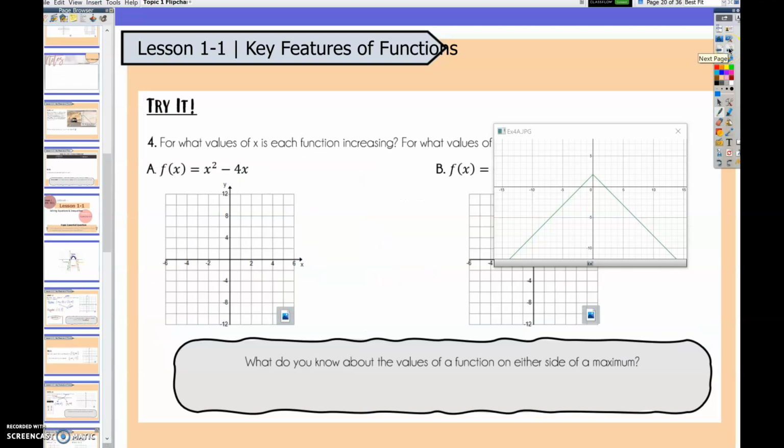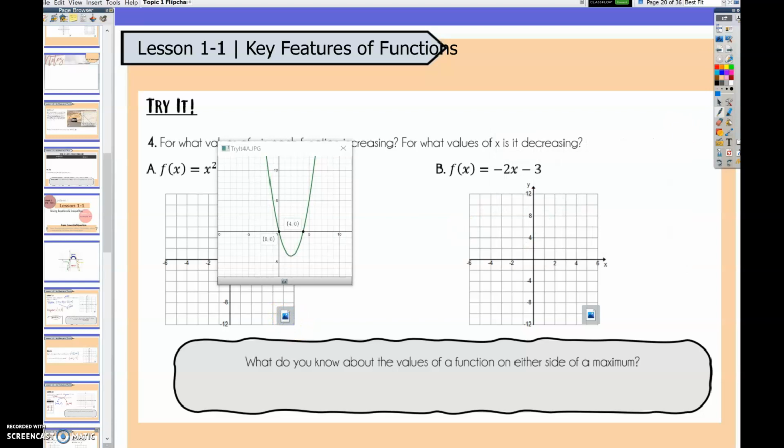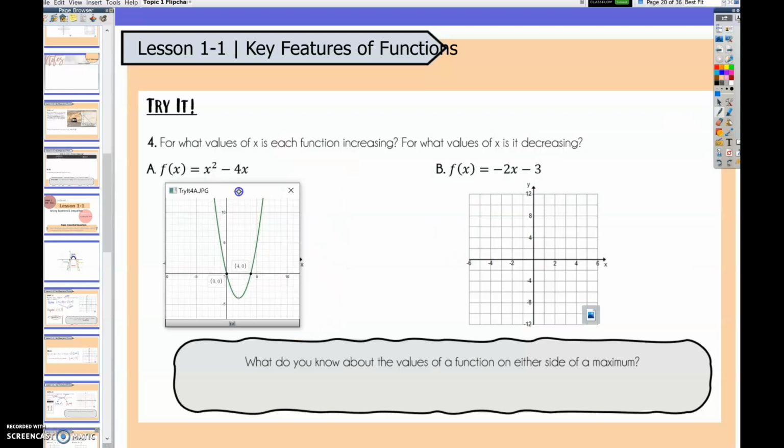Or try it. We want to graph x squared minus 4x. So here we have our parabola. We want to know when is the function increasing and decreasing. Remember, increasing means a positive slope, but we look at the x value. So the x value here, where it turns around from decreasing to increasing, is 2. So we would say it is increasing from 2 to infinity, but it's decreasing in the beginning from negative infinity to 2.